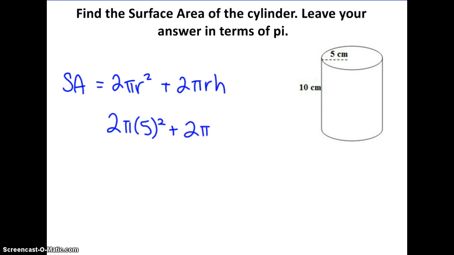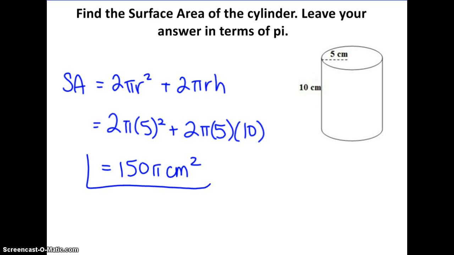And then the circumference is 2 times pi times 5 times a height of 10. So I can take all of this and plug it into my calculator exactly the way I see it. And I get 150 pi centimeters squared. It's kind of hard to draw pi on this thing. It ends up looking more like a box, but you get the idea.